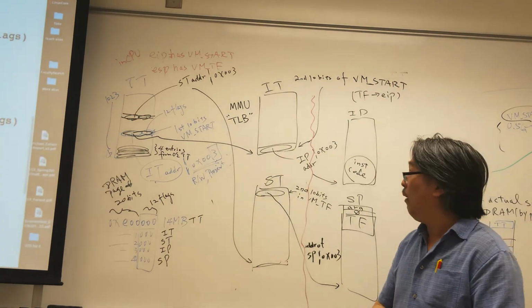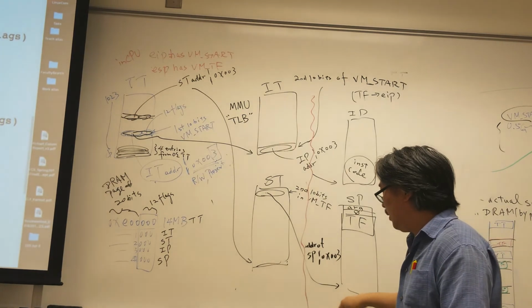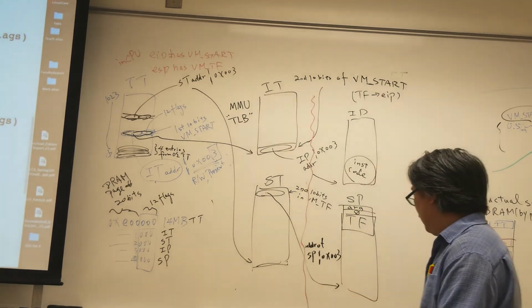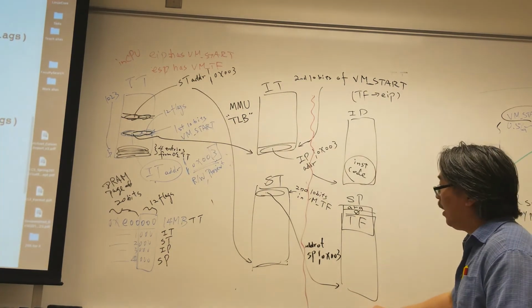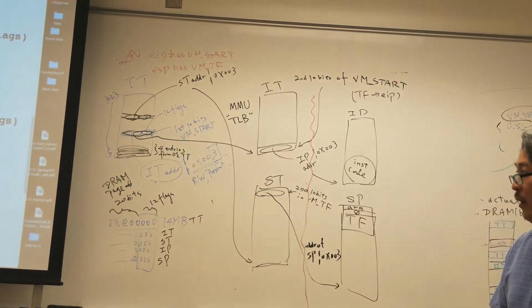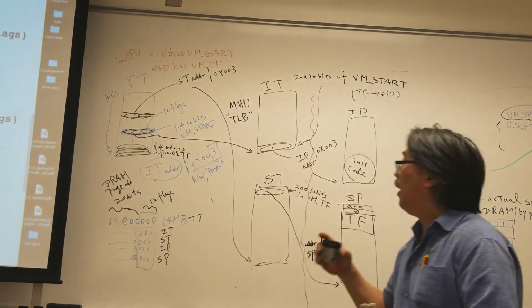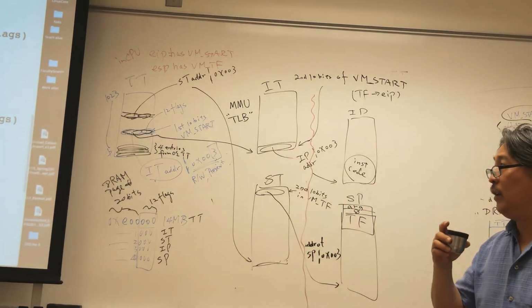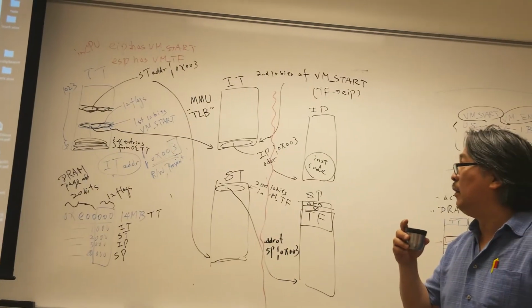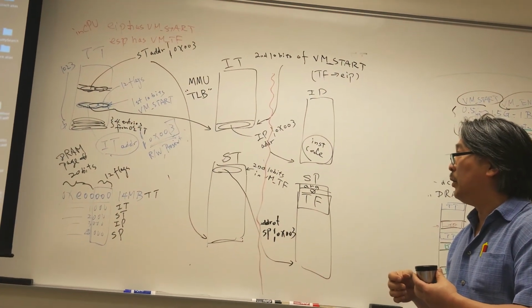What is it for? It's for caching the whole lookup process through the page tables, because that involves like 2 memory reads. So you want to be caching it to avoid having to do that on every single memory access. Yeah, right. That's a good description.